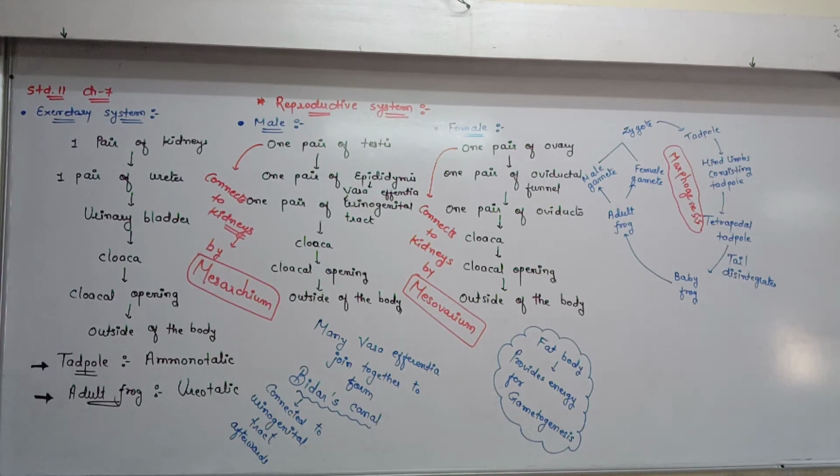Finally, it communicates with the urinogenital duct that comes outside of the kidney and opens into the cloaca. The cloaca is a small median chamber that is used to pass fecal matter, urine and sperm to the exterior. That's why in the digestive system, I told you that cloaca can excrete the urine, gametes and feces all.